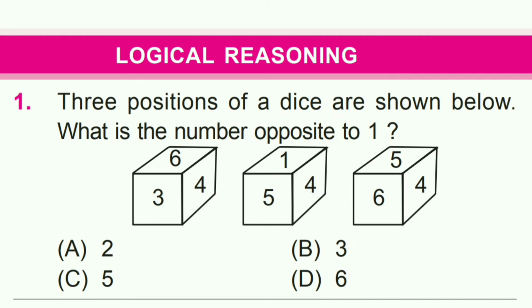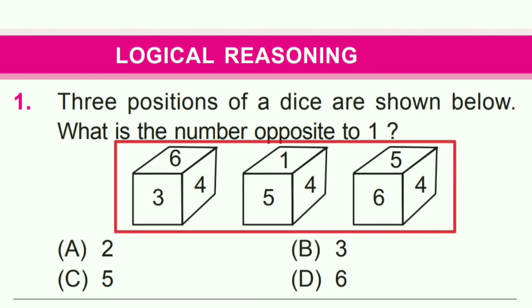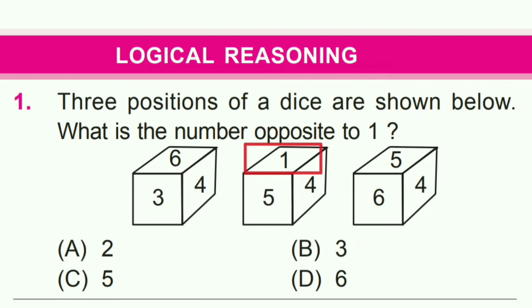Question number 1. 3 positions of a dice are shown below. What is the number opposite to 1? These are 3 positions of the same dice. We have to find out the opposite of 1. Before that, we have to find out the opposite of 4 because 4 is visible in all 3 dice.